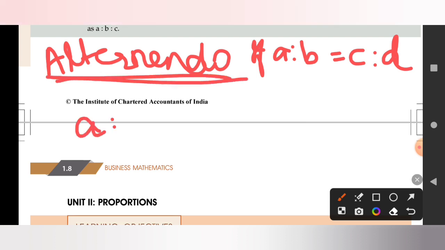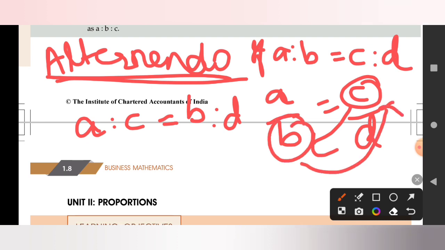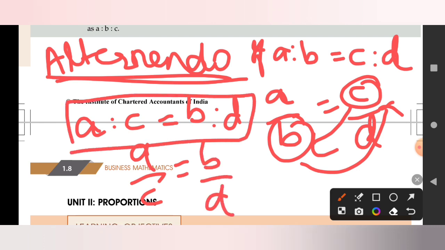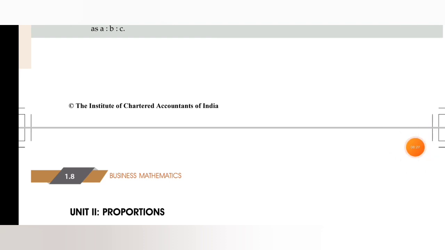It is A is to C is equal to B is to D. How will you prove that? A by B is equal to C by D, already given. You take C on the left side and take B on the right side. What do you get? A by C is equal to B by D, which in turn gives us this proportion, which we call alternando. Okay, we will study in detail.